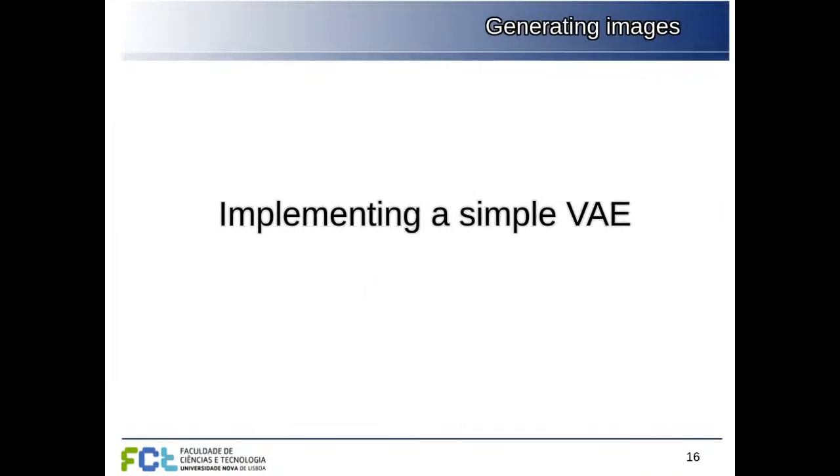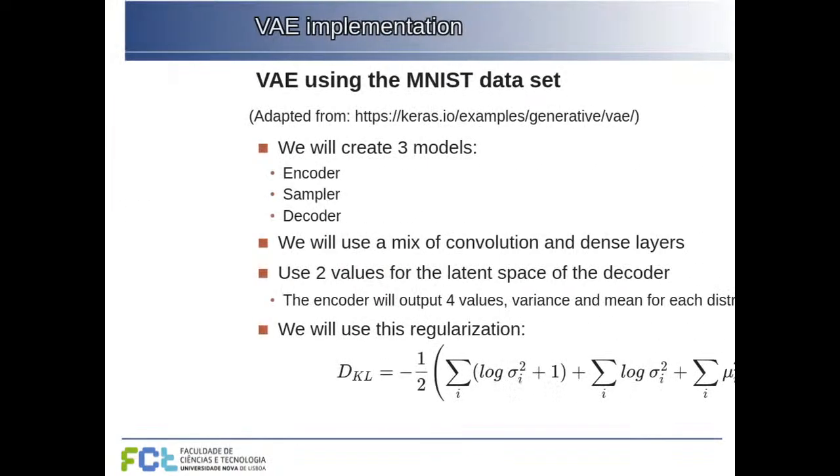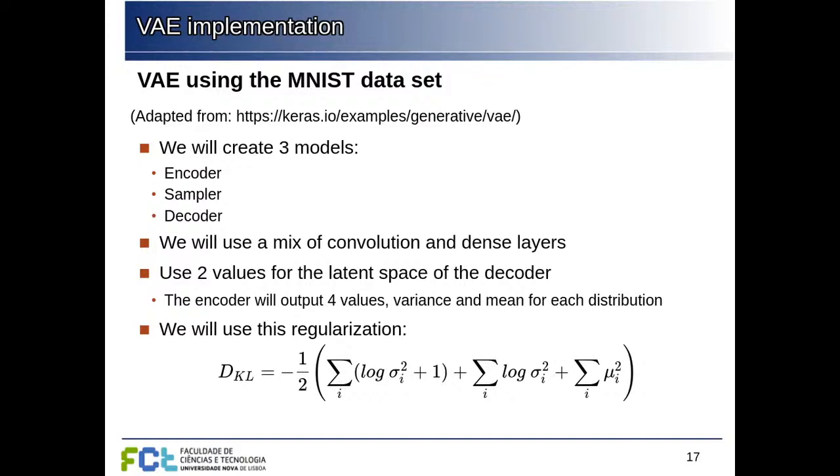So let's see how we can implement a simple variational autoencoder using TensorFlow and Keras. What we're going to do is create three models. We have the encoder. The encoder will output the parameters for those probability distributions.